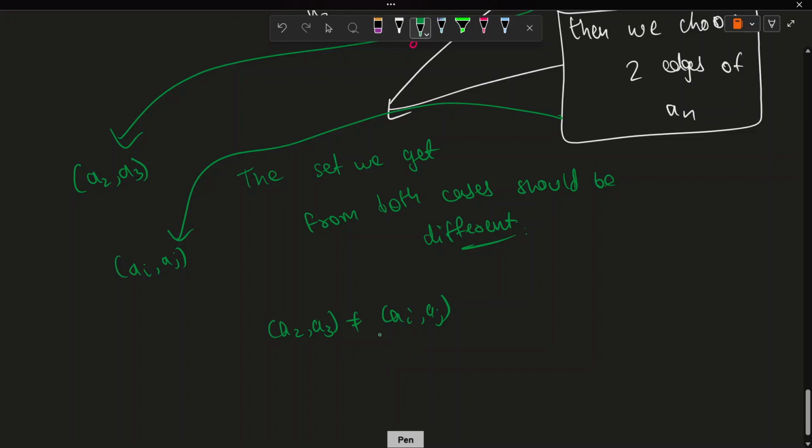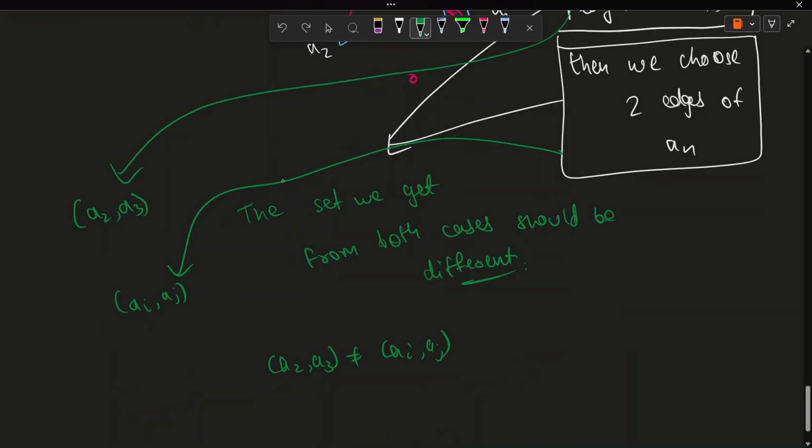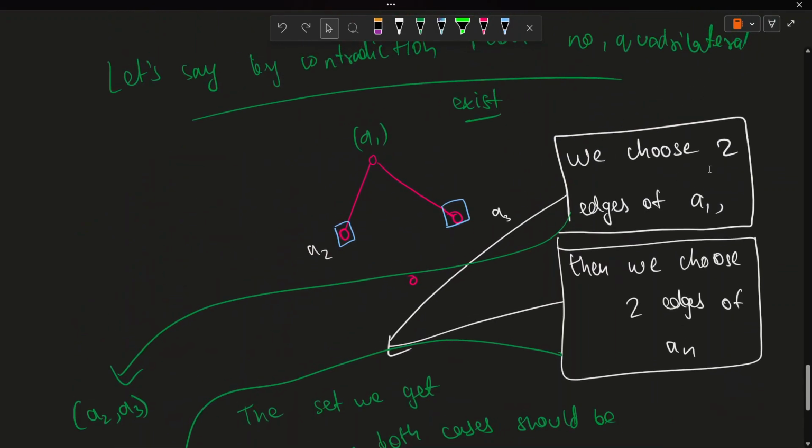I, comma J cannot be 2, comma 3, because otherwise A2 would be connected to both A1 and A4, and hence we get a quadrangle, which is not possible. So if I choose two edges from A1 and two edges from AN, then these sets should be distinct.